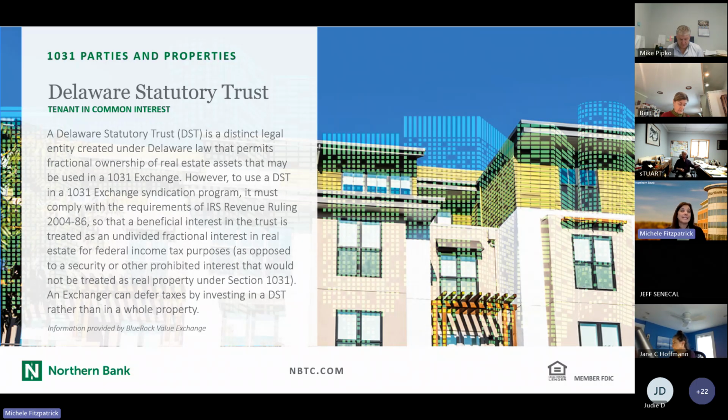So what they are, the IRS recognizes Delaware statutory trusts as replacement property for a 1031 exchange. So the IRS says these qualify to purchase. I kind of have the description here, and I'm not going to read it all. I'm just going to tell you what it is. You're buying an interest share in a larger property, in a Class A property, or in a different asset class of properties that you wouldn't normally be able to buy.